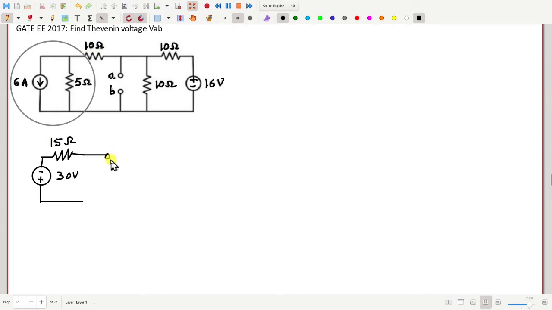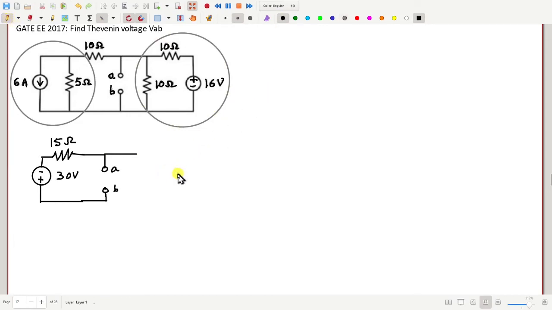And then here is node A, here is node B. Then let us consider the left side. What will be the equivalent of the left side? 8 volt, 5 ohm.